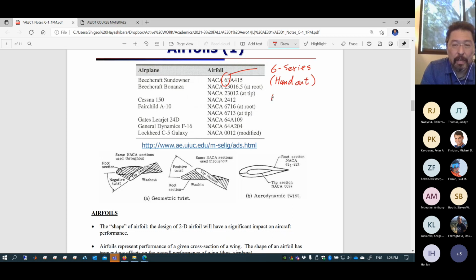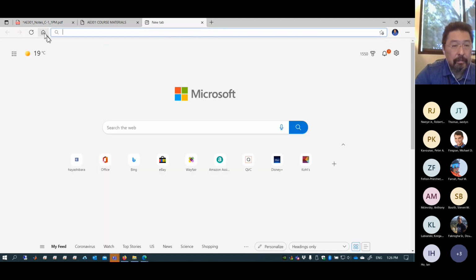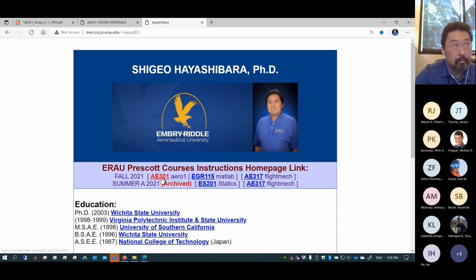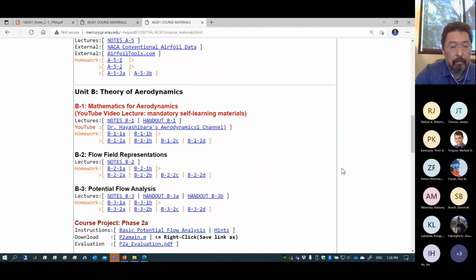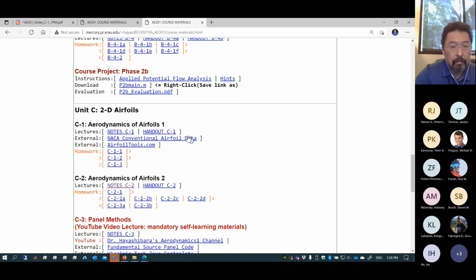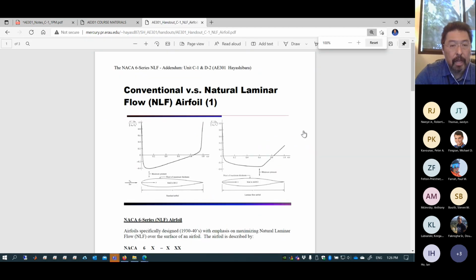This is oftentimes called natural laminar flow airfoil. I think I have a handout. Let's just take a look. Yeah. So this is a natural laminar flow airfoil, NACA 6 series. Please take a look at it.